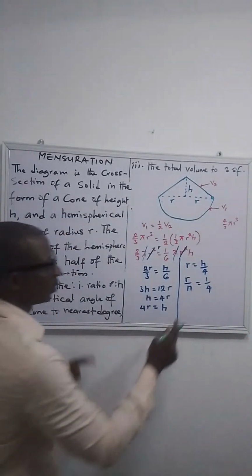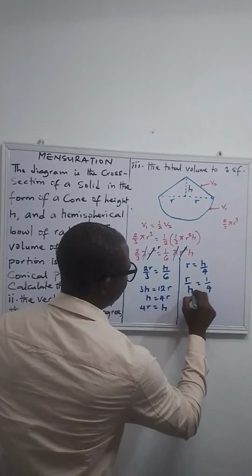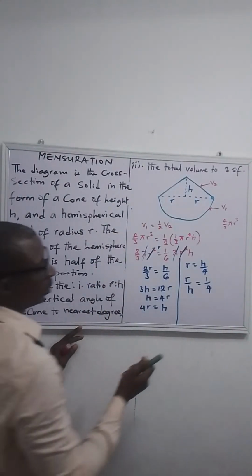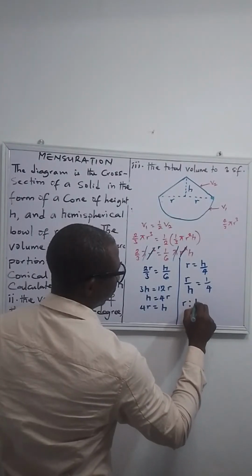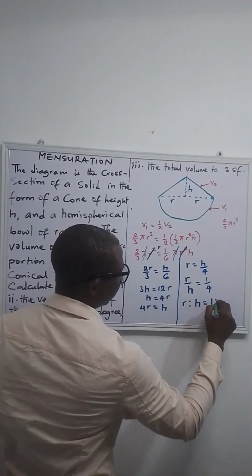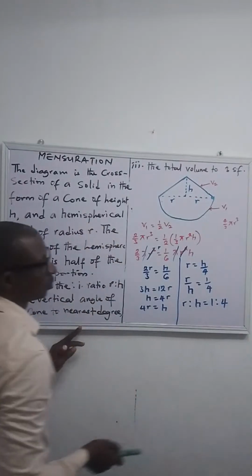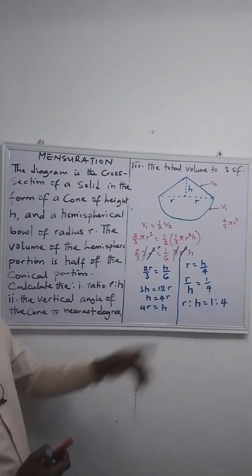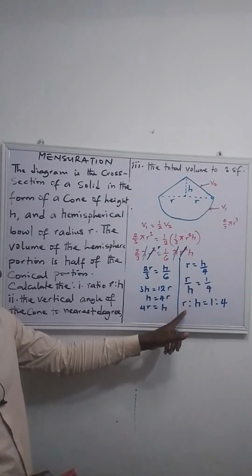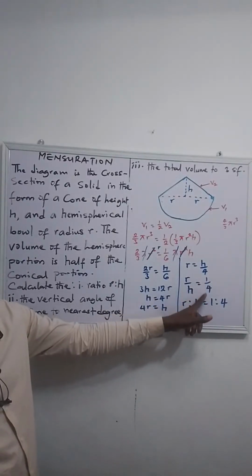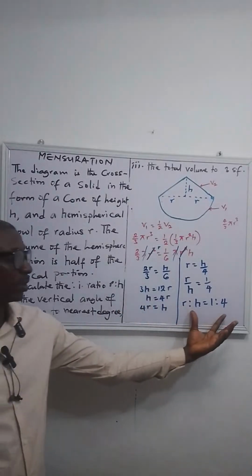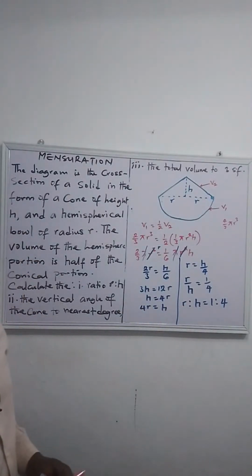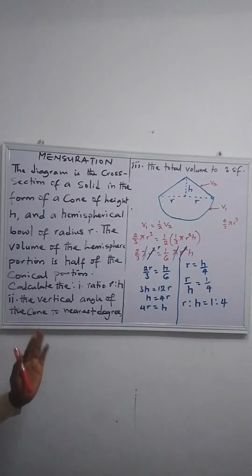So now you have the ratio R to H equals 1 to 4. So R to H is what? 1 to 4. And that's what the question wants you to get. So this is the answer to the first part. Do you get that now?